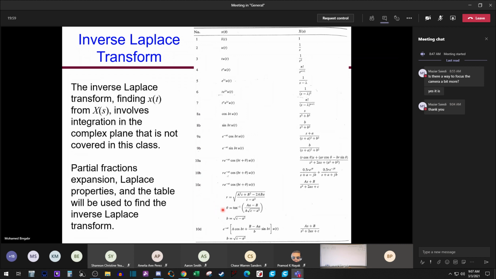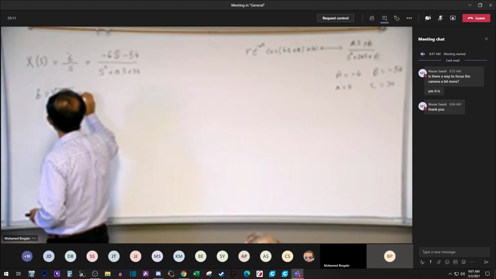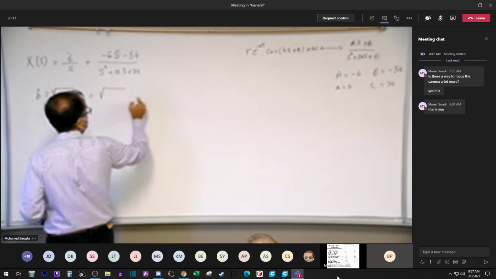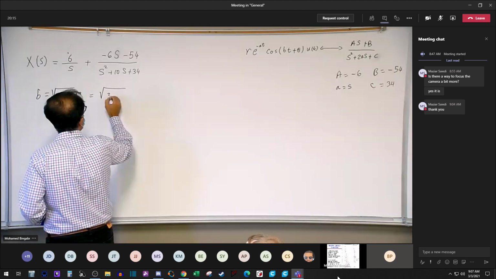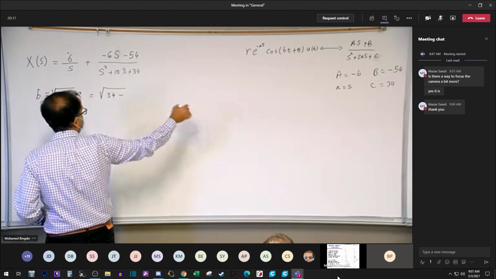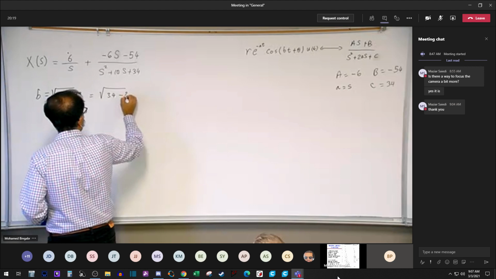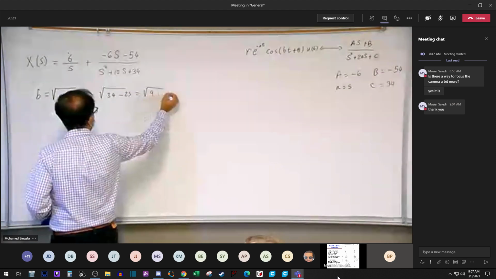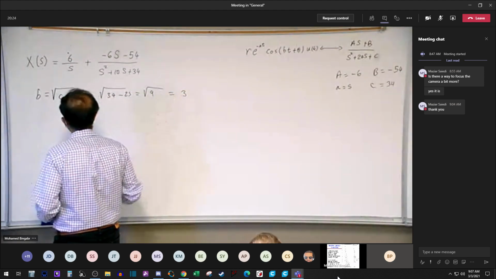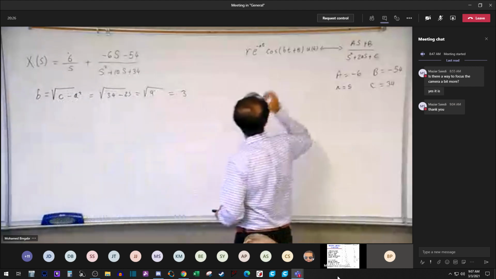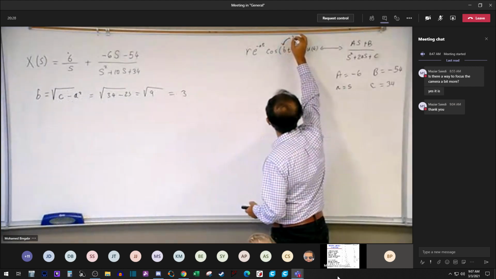Then you can do for R and theta. So if I plug the value, to find B, it will be B equal square root of C minus a squared. That is square root of 34 minus 5 squared, so 25. That is 9. That is 3. So we found B, which is 3.